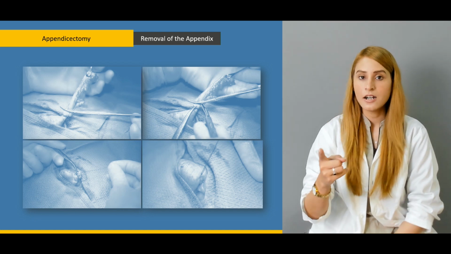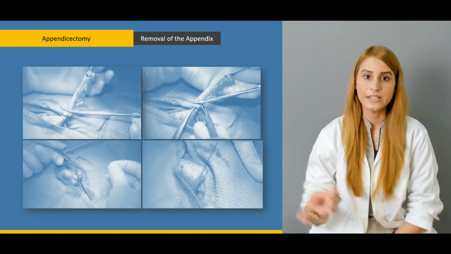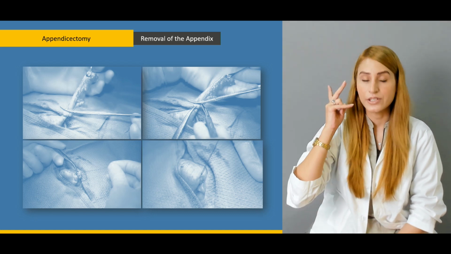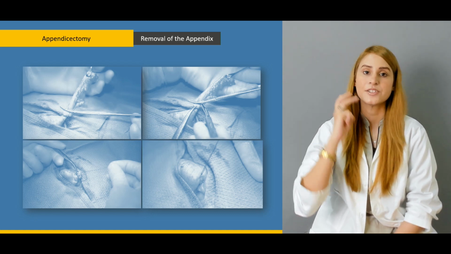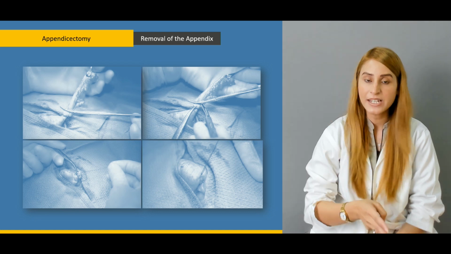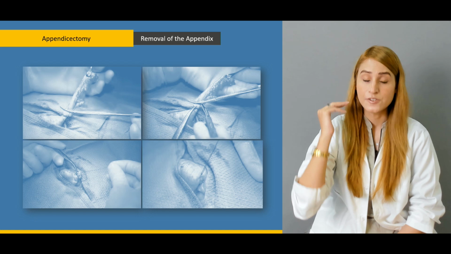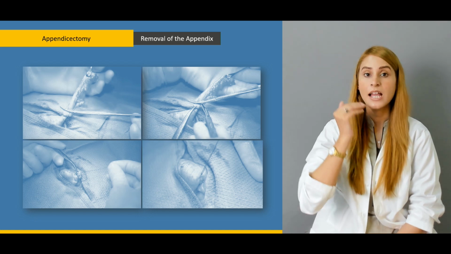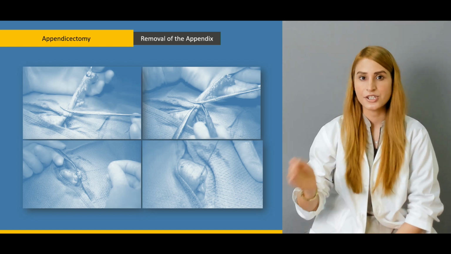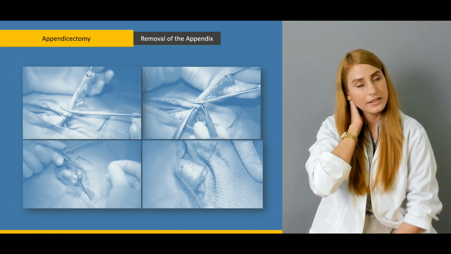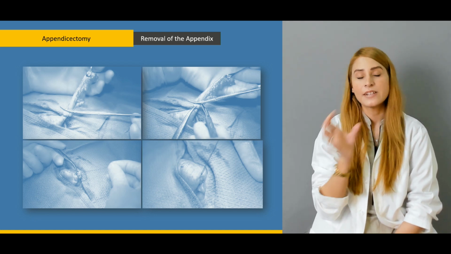So you make the skin incision, then you have the external oblique aponeurosis, you give a nick in the external oblique aponeurosis, you go deep down, you split the internal oblique in the direction of the fibers, you split the transversus abdominis muscle, and most of the time the transversalis fascia is adjacent to the peritoneum.